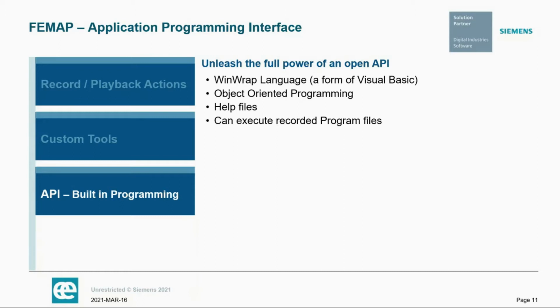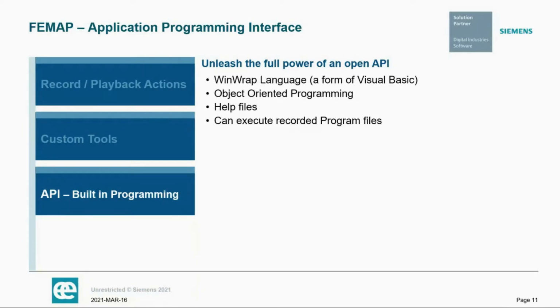It's called Visual Basic for Applications, and it allows you to interface with things like Excel, Office, all of those typical tools. It uses the programming language, i.e. WinBasic, to control FEMAP as well.